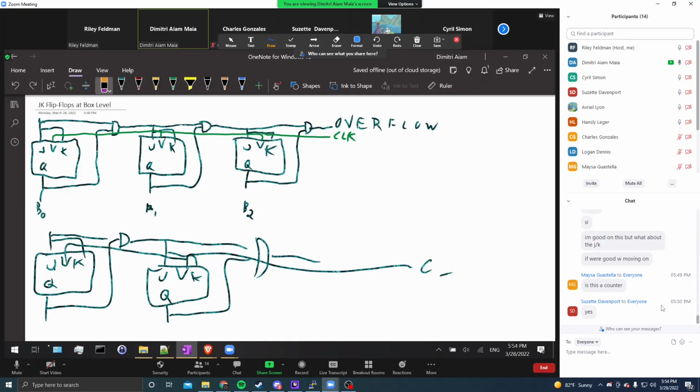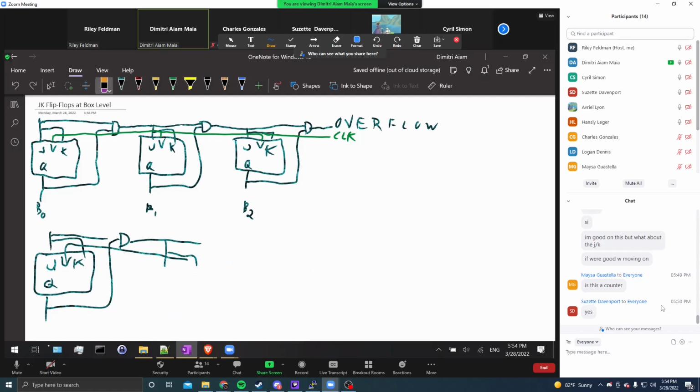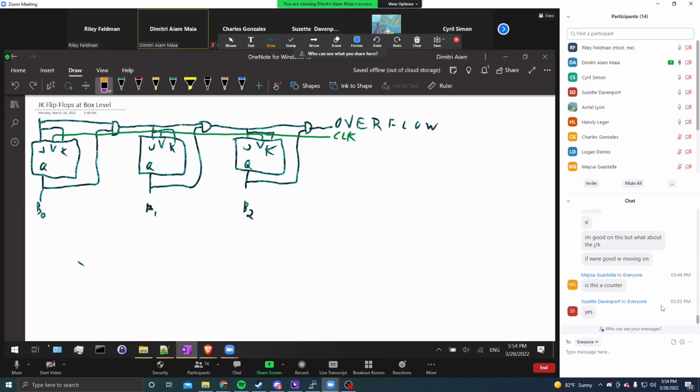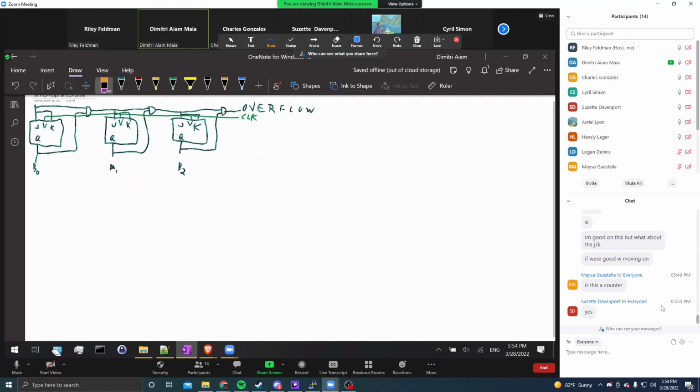So if you want to see the level, I think I have it in my head so I can show you. It's something like this. You have a regular latch. I'm a little confused why he never went over the topic of latch.